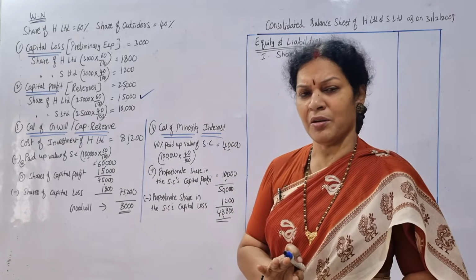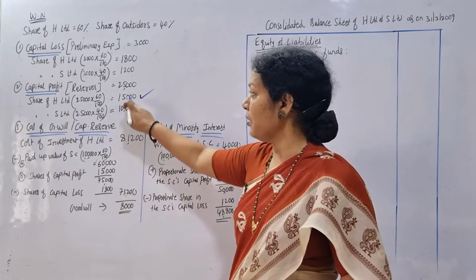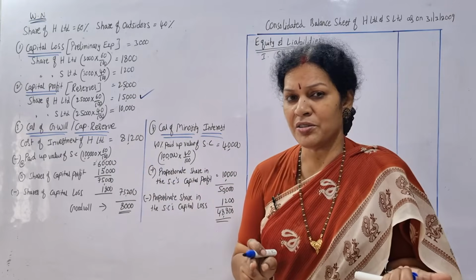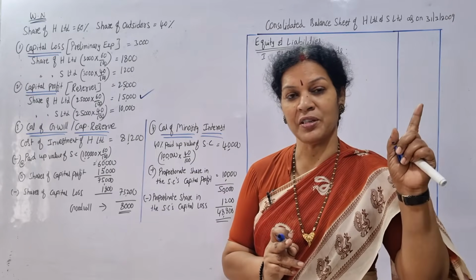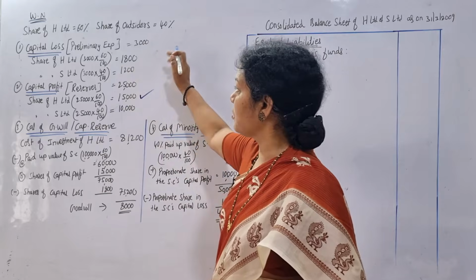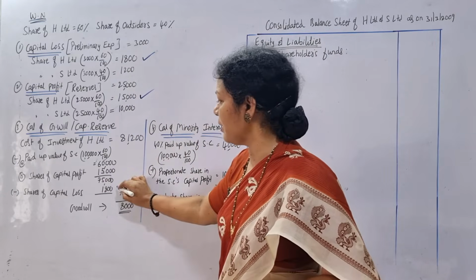There is a loss also. Here we are adding the capital profit of H Limited. Loss we always have to deduct. We learned in the short problems, on the very first day of the class also I told you. So now here is loss. Loss of which company? H Limited, 1,800. 1,800 we have deducted.